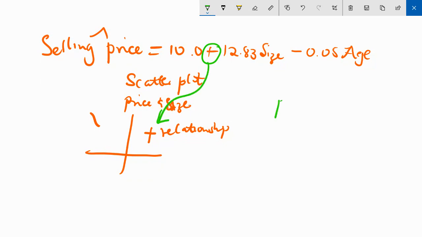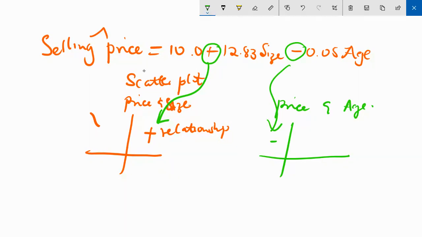And then the scatter plot between price and the age, we're expecting a what? A negative. Because of what? Yes. So now, suppose that in the morning we said our R squared is equal to 0.952. What is our R now?